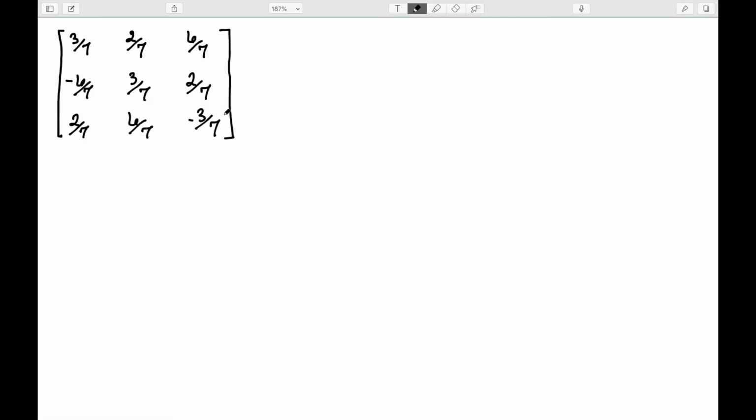As an example, let's look at this matrix here. To show it is orthogonal, I'm going to multiply it by its transpose. The transpose is going to take the first row and turn it into the first column. The second row will become the second column. And the third row will become the third column.